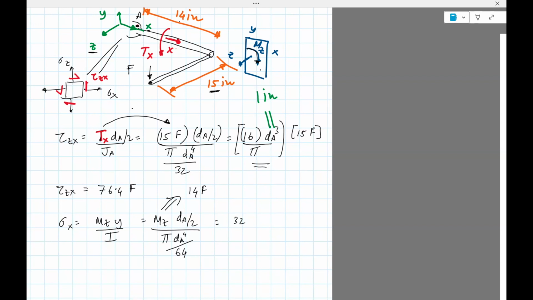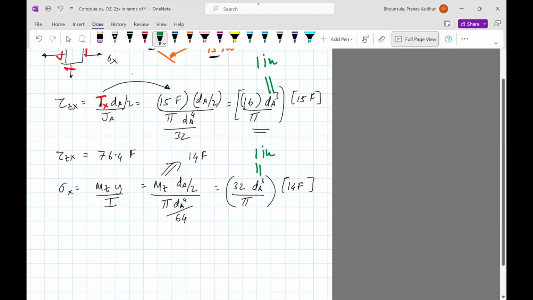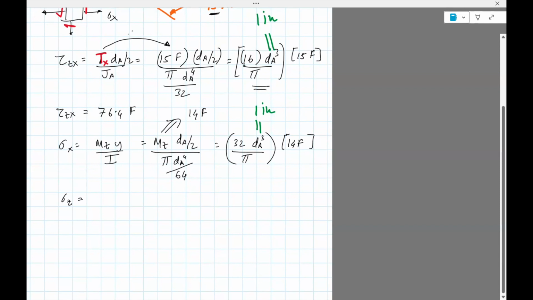First I have 32 dA cube divided by pi. This is just the contribution due to the second part, not due to Mz. And the Mz part is 14F. Okay, now I know that this is 1 inch, and so I can solve for sigma z.